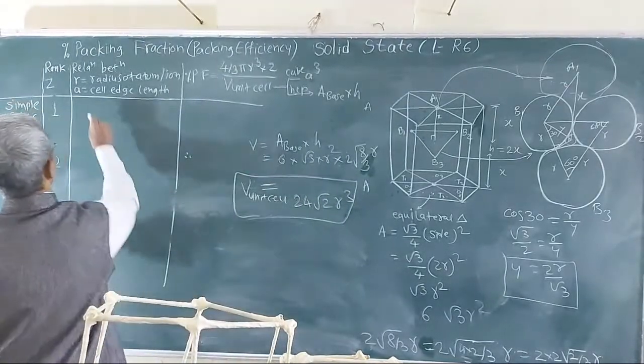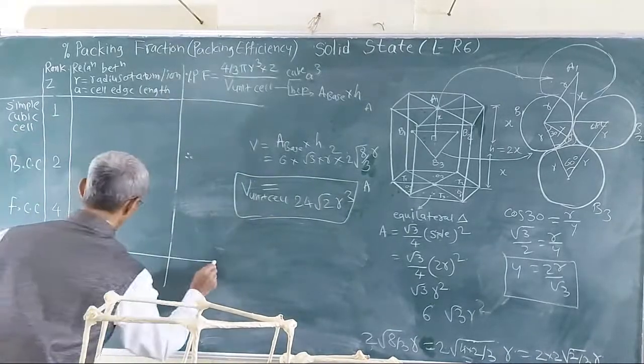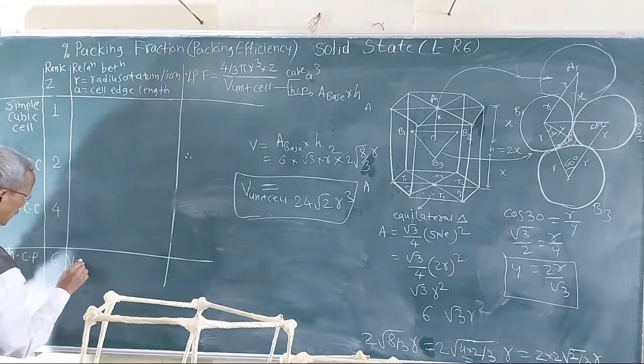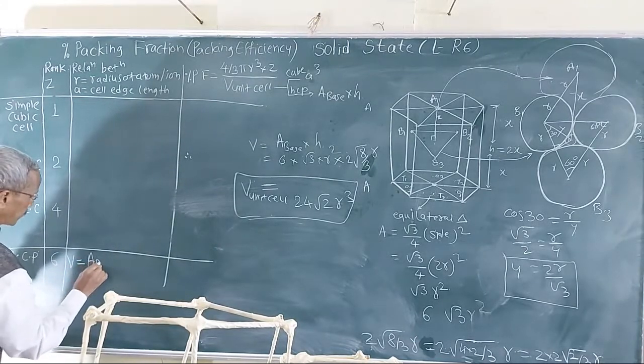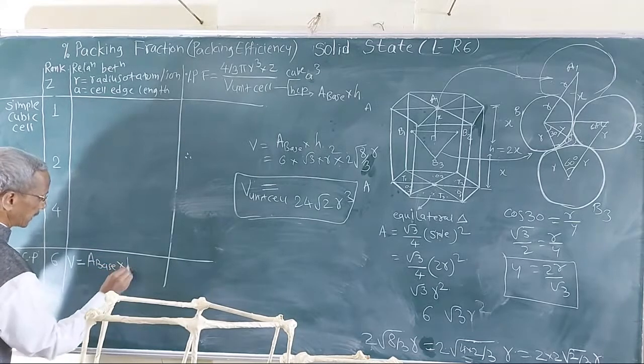Dear friends, this is for the hexagonal close packing, where the volume of the unit cell is equal to the area of base into height.